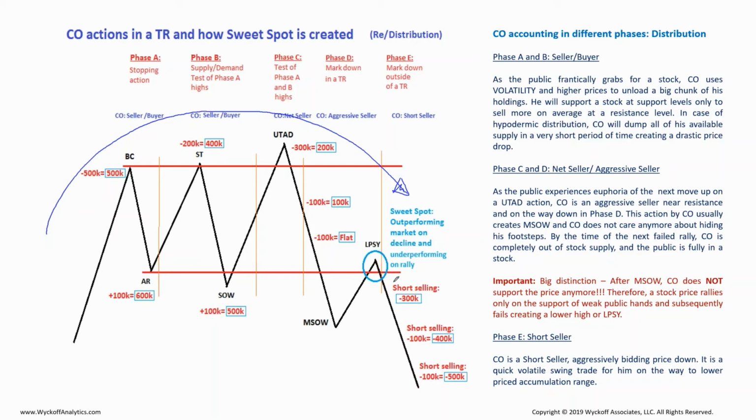Underperformance by itself does not suggest the bias. It just suggests that during this period of time there is underperformance. But we could have a reaccumulation and short-term underperformance by price in the reaccumulation, and then still the price would go up.